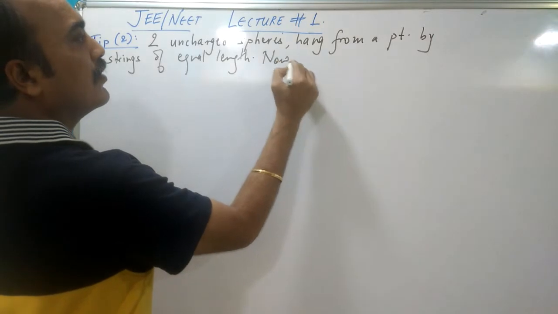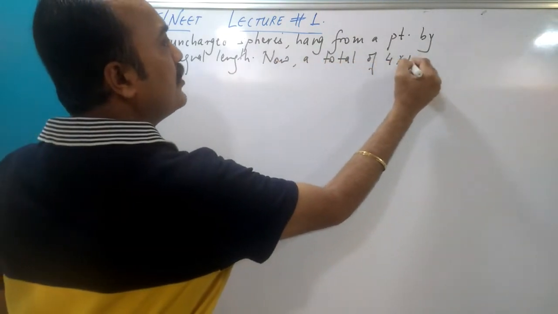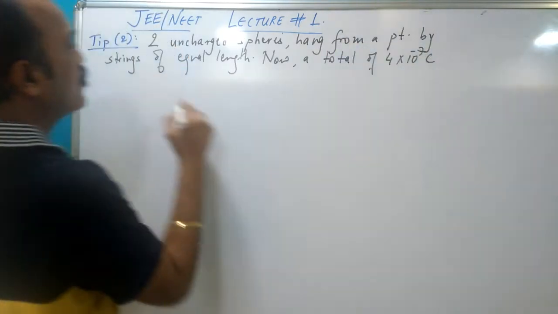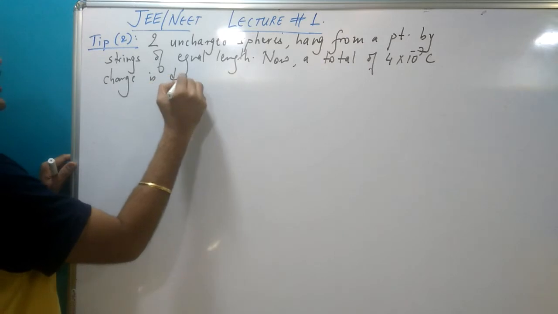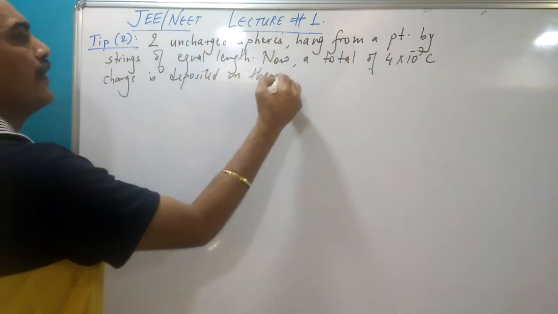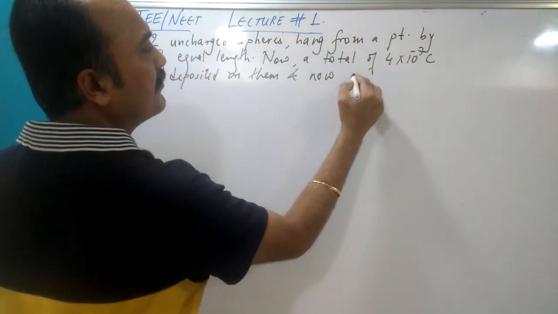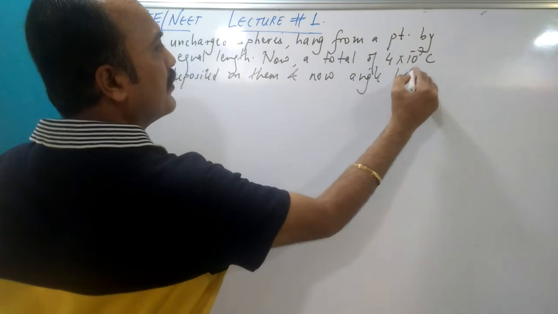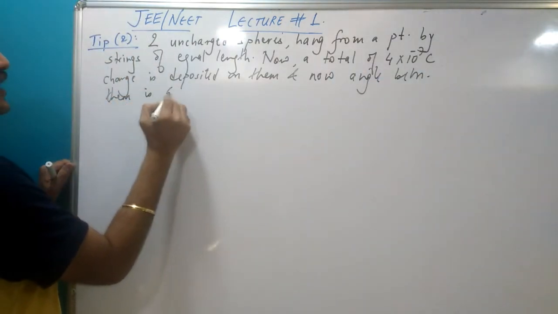Now, a total of 4 into 10 raised to minus 7 coulomb charge is deposited on them, and now the angle between them is 60 degree.